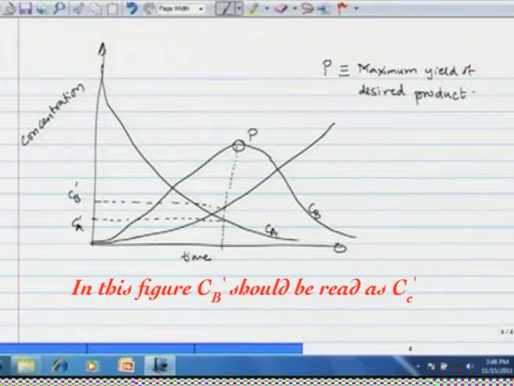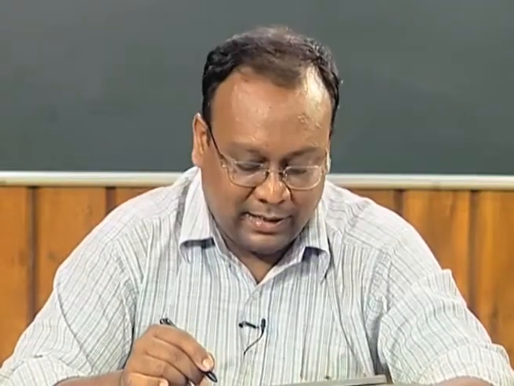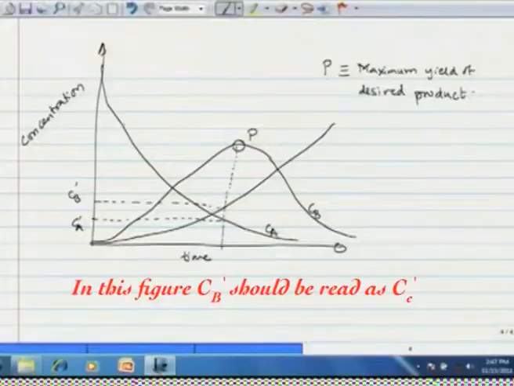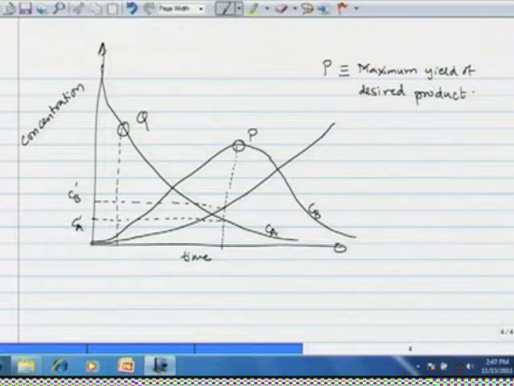Therefore, the point of optimum yield may not be the point of economic yield. And under these considerations or under these criteria, we would find that it may be economic to design a reactor for a smaller conversion of A, which corresponds to point Q.